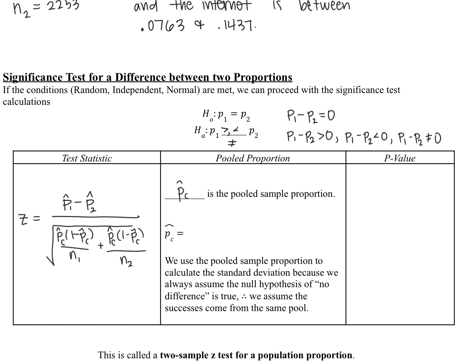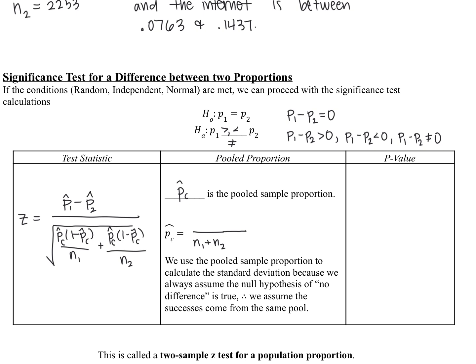And what that does is it only cares about the successes from each of our proportions. So the way that it's calculated is the number of successes from P1 and P2 over N1 plus N2.